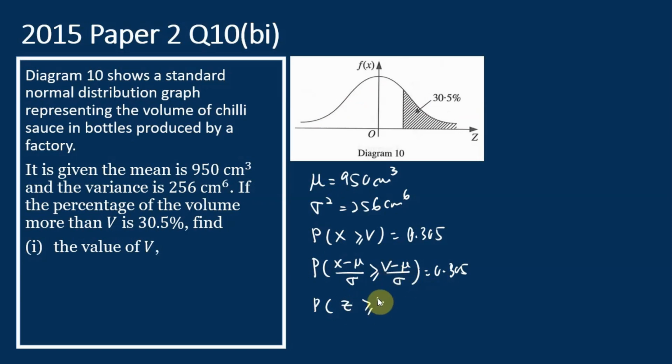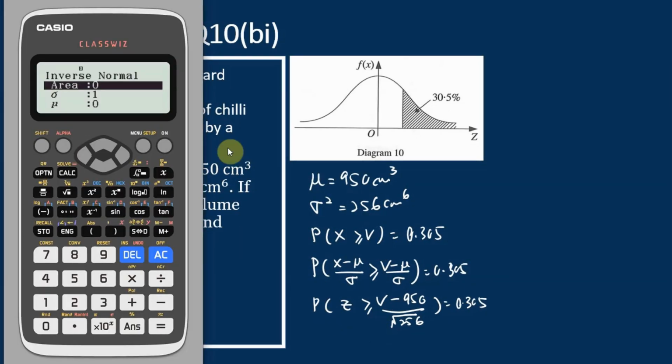The mean is 950, so let's write 950, and the standard deviation is the square root of the variance, so the square root of 256, and this is equal to 0.305.